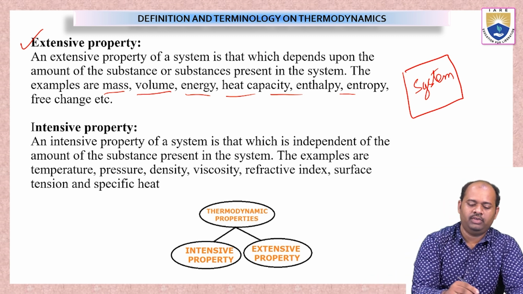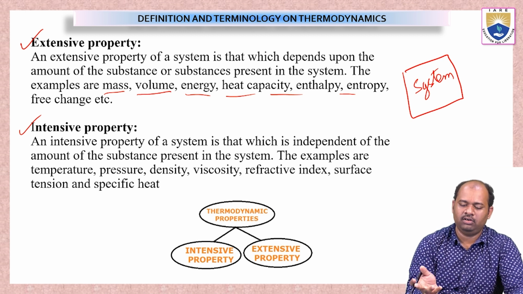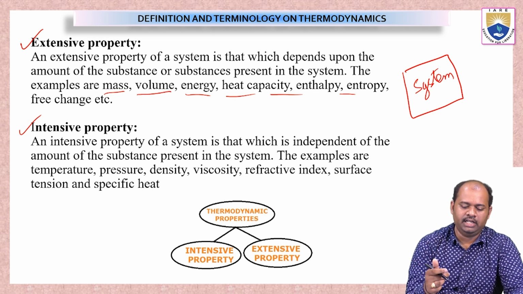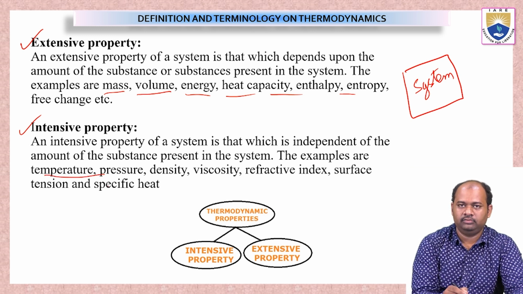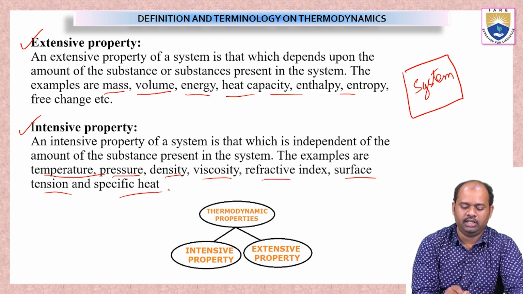And the second one is intensive properties, which do not depend on any quantity or amount. These are independent of the amount of substance present in the system. Some examples are temperature, pressure, density, viscosity, refractive index, surface tension, and specific heat.